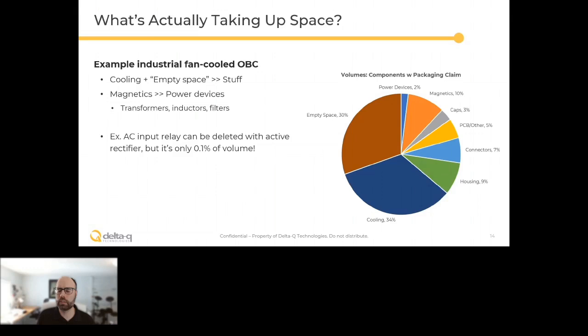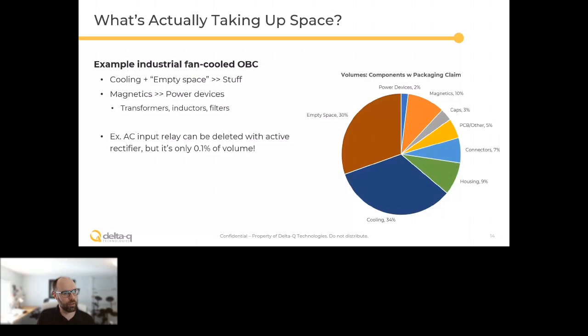But I find it helpful to start with a holistic view of what is actually taking up space, because it gives you some idea of what the potential is, what's going to be possible. For instance, I've seen chargers that have deleted the AC input relay. So rather than having a mechanical relay, they have an active bridge rectifier.